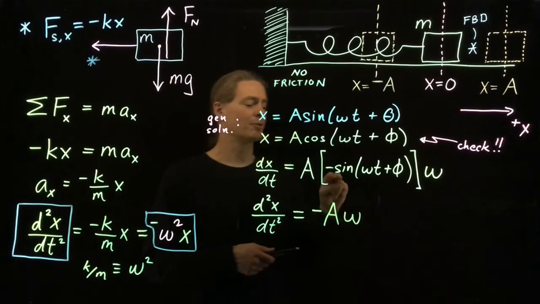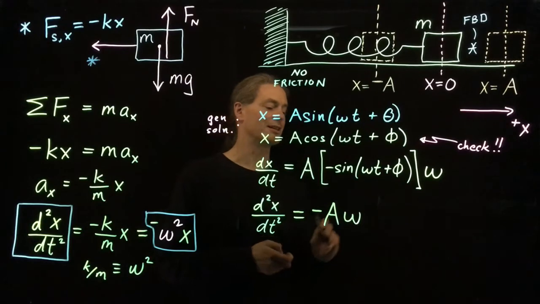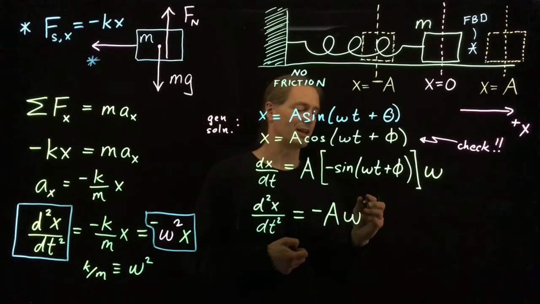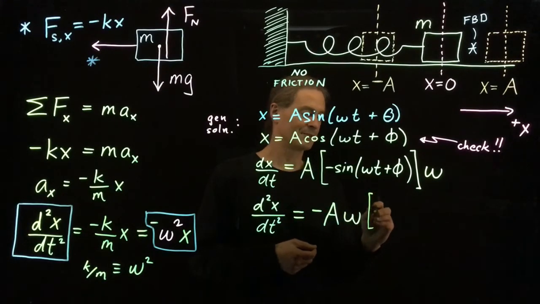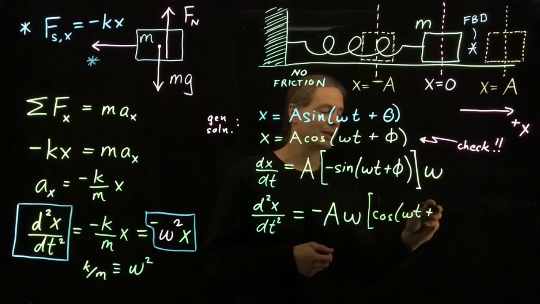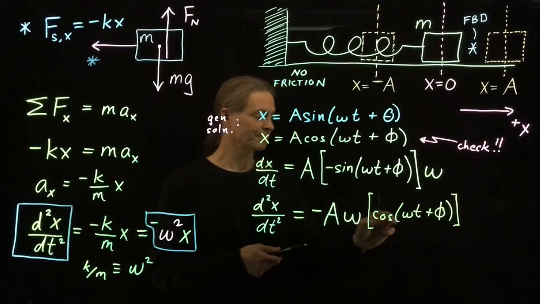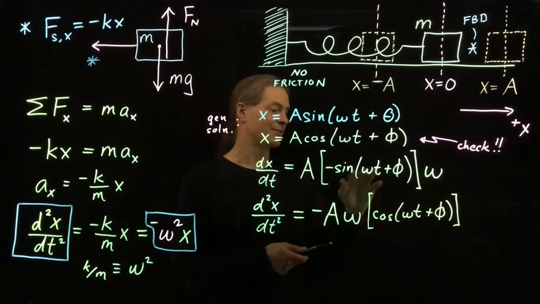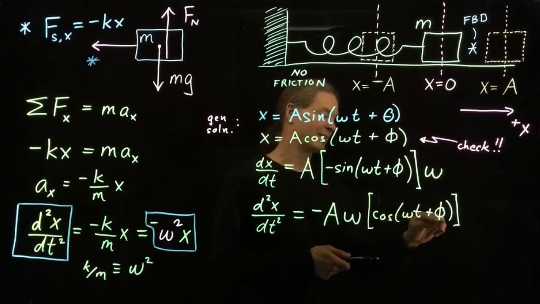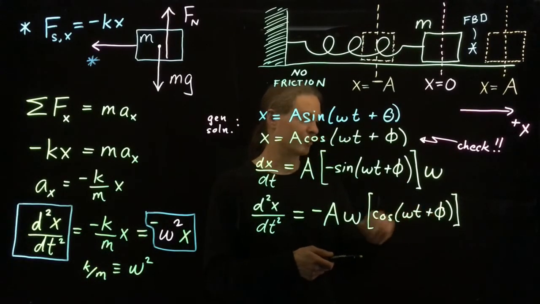So now I'm taking the derivative of the sine of this function of t with respect to t. The derivative of sine of a function of t with respect to t is just cosine of a function of t. So I've got cosine of omega t plus phi. Now again, I need to finish out the chain rule. So I still have to take the derivative of this function of t with respect to t. The derivative of omega t plus phi with respect to t will be omega, because phi is a constant and omega is a constant.